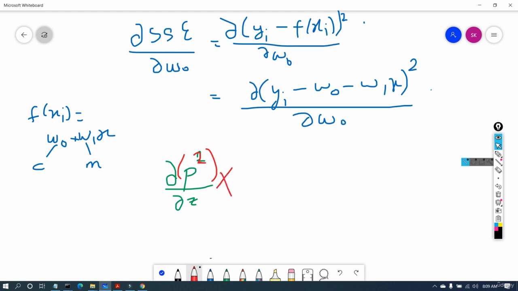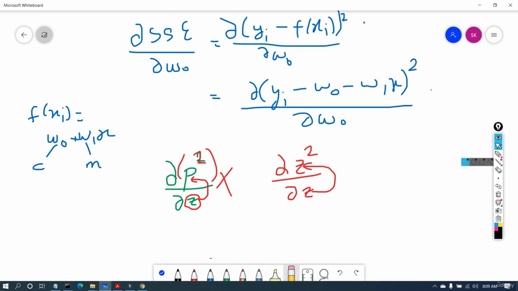You can't do this partial differentiation, because to take the partial derivative with respect to a parameter, that variable should exist in the function. If there is z square with respect to z, then you can do it, because the z existence is there, but z and p are quite different.